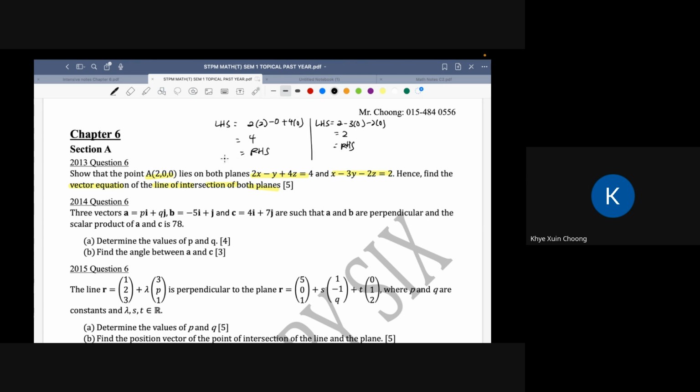So since left-hand side equals right-hand side, A lies on the plane.